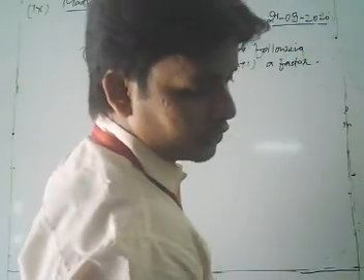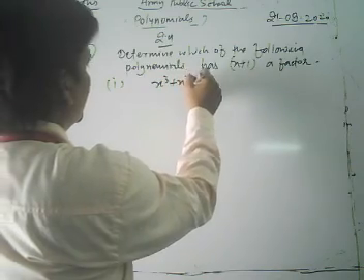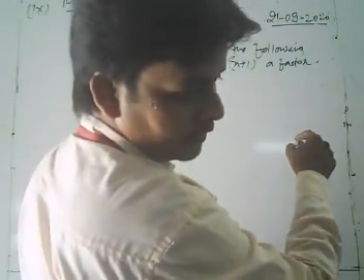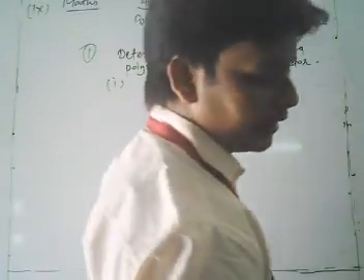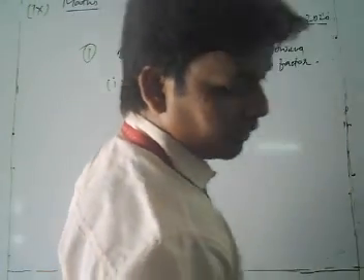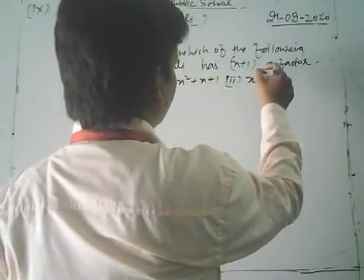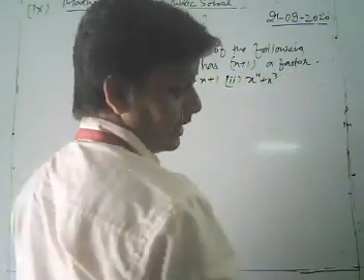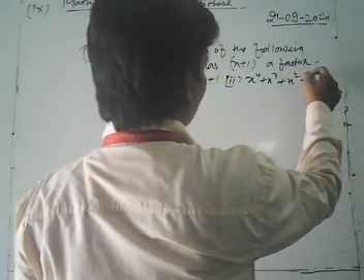First one is x cube plus x square plus x plus 1. Second polynomial is x to the power 4 plus x cube plus x square plus x plus 1.